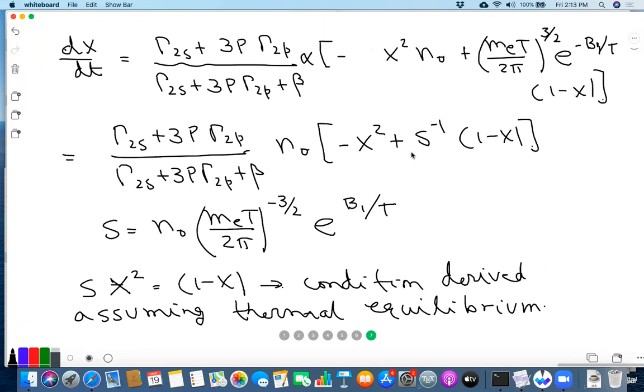So the idea is that now we can simply use this to solve for x. And as I said, you could certainly solve the coupled equation of x and y and get the result, but this gives a reasonably good approximation to the original set of equations. The difference is about 10%. Otherwise this does quite well.